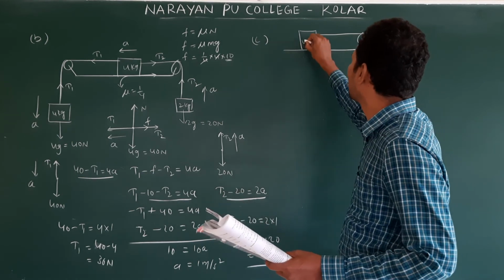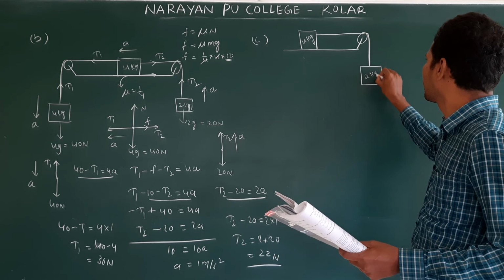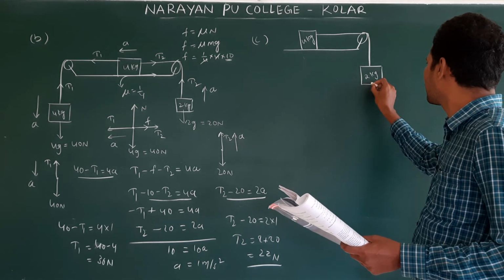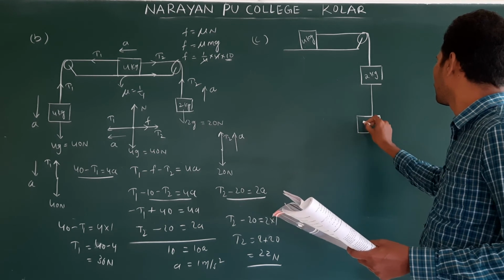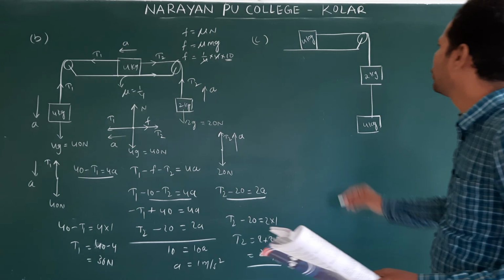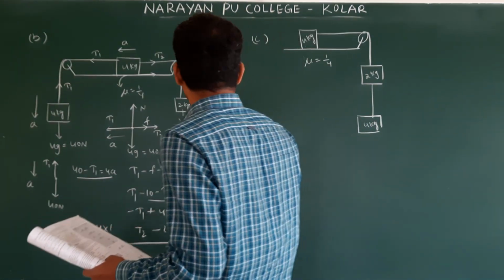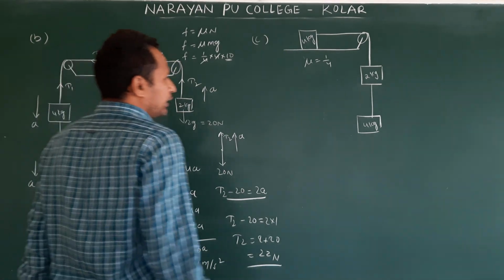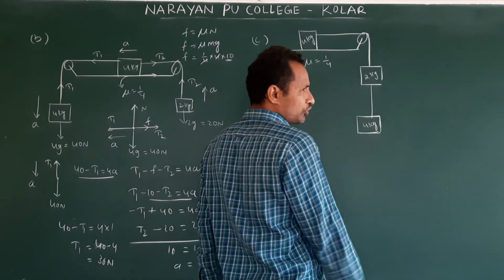This is 4 kg, this is 2 kg, next to the 4 kg. So mu is equal to 1 by 4, again the same. First we will try to understand the force directions.